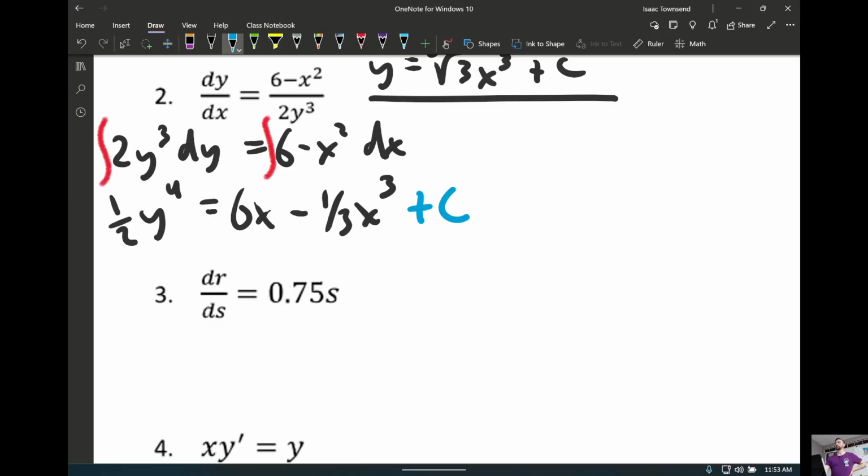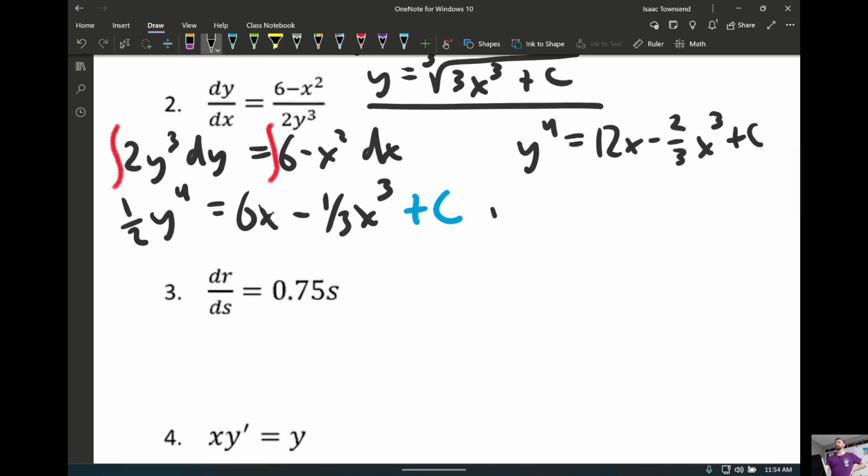And again, some of these questions are going to be harder to solve for y equals, but this one's pretty fair, I think. We can multiply everything by 2. I'm still going to call this c because the unknown number times 2 is still an unknown number.